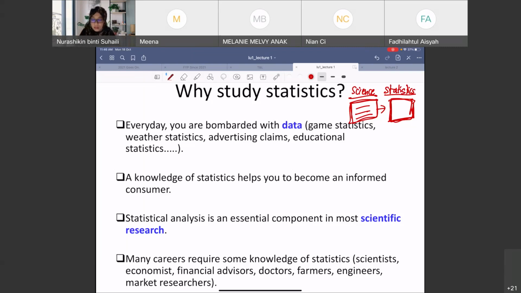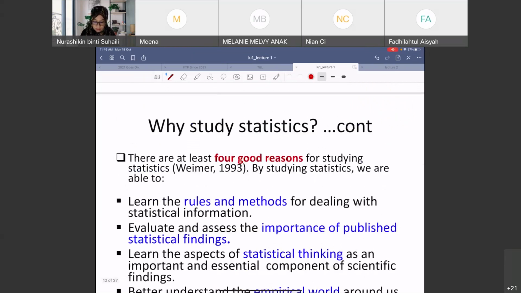So you have that data. But then how are you going to make a conclusion? You have to go through the statistics before you go into conclusion. So as I said, it is very important. You cannot neglect it in whatever science field you're in.